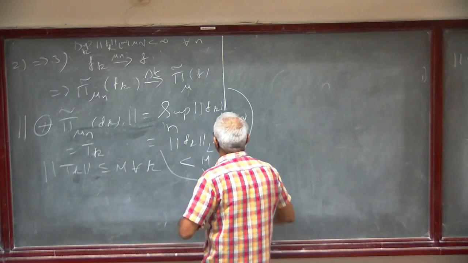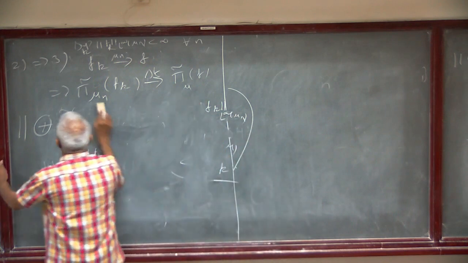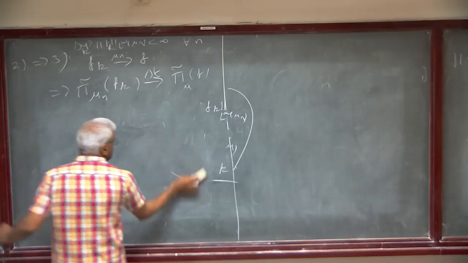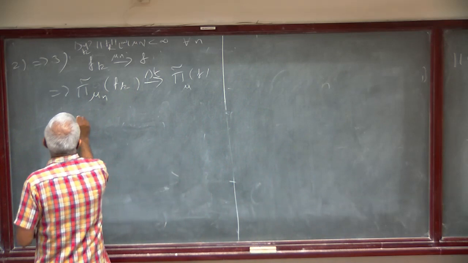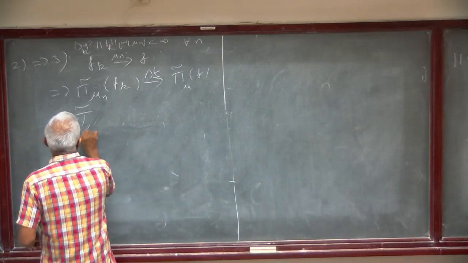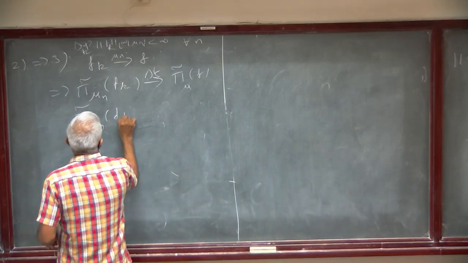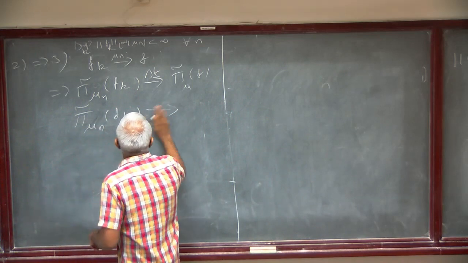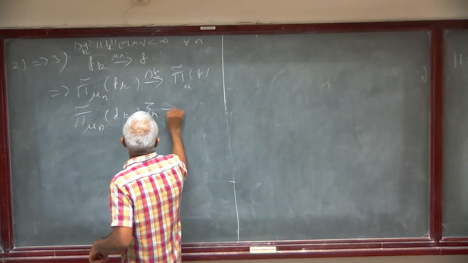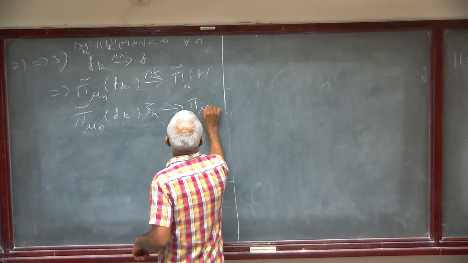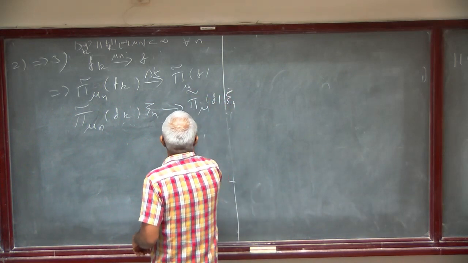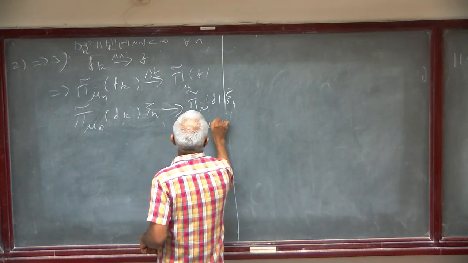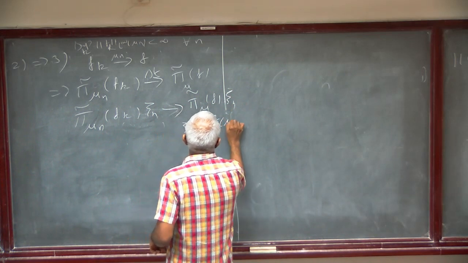What does it mean? Like one by one. The mu n again, to infinity of mu n.